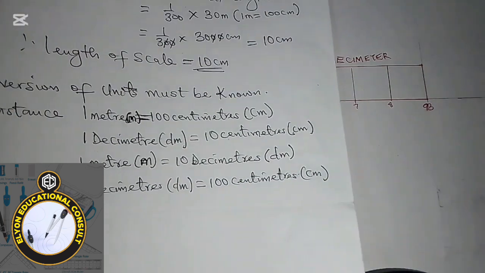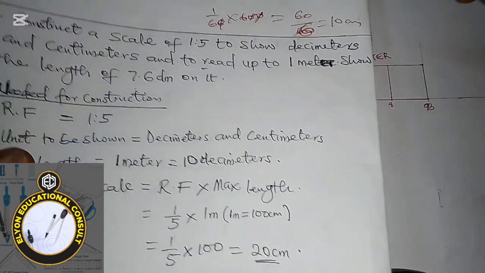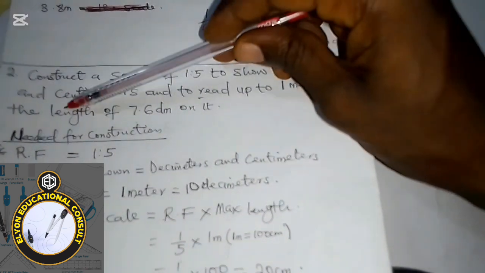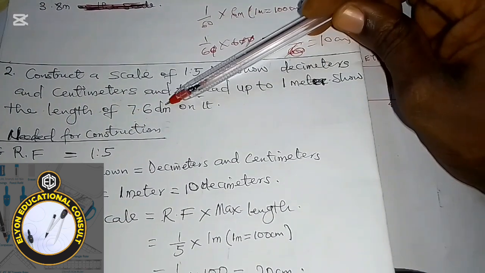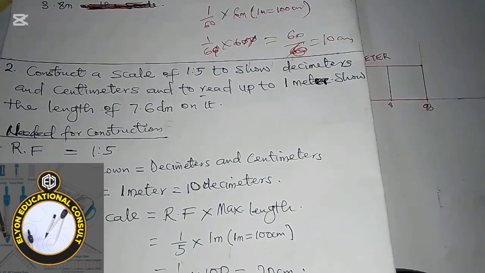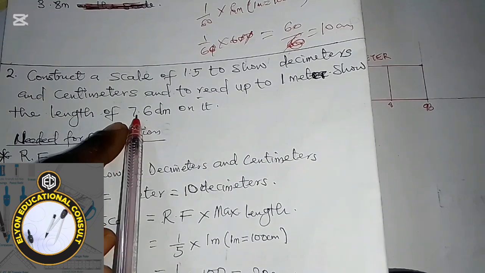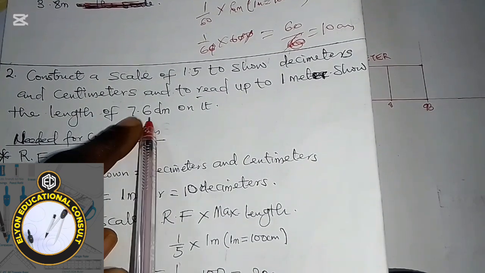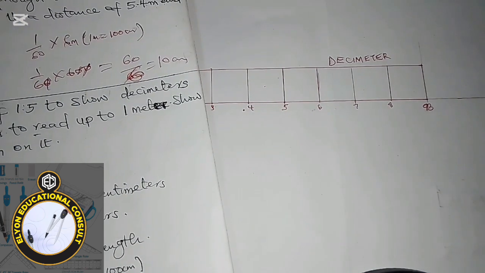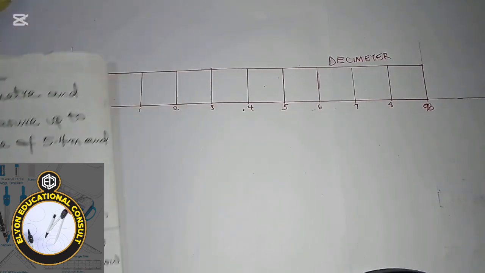The question says we should show the length of 7.6 decimeter on it. This 7.6 decimeter means 7 decimeter 6 centimeter.